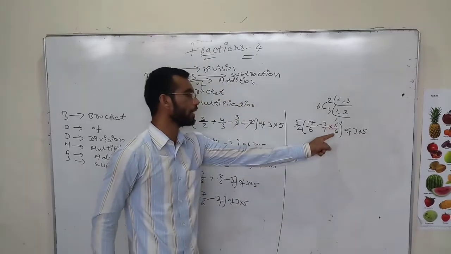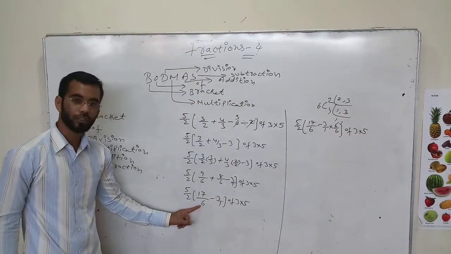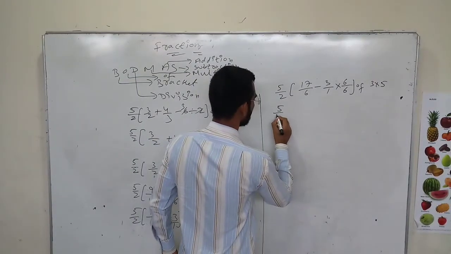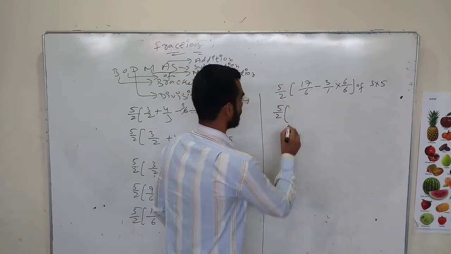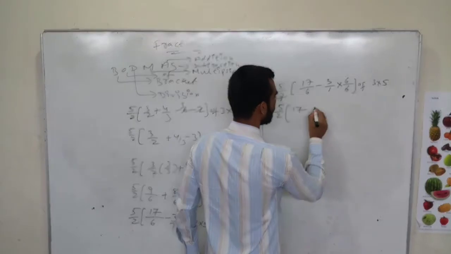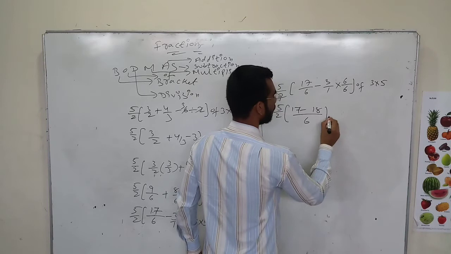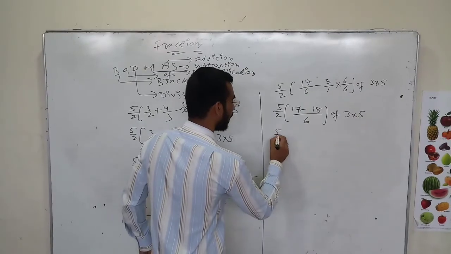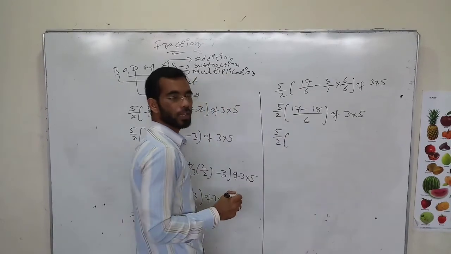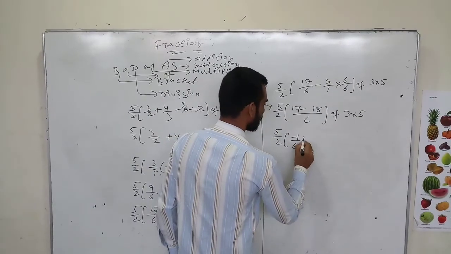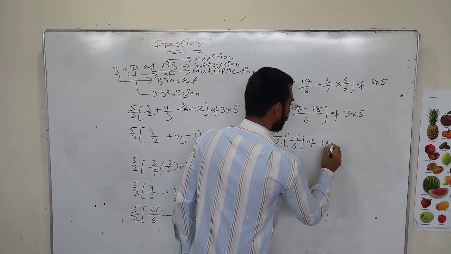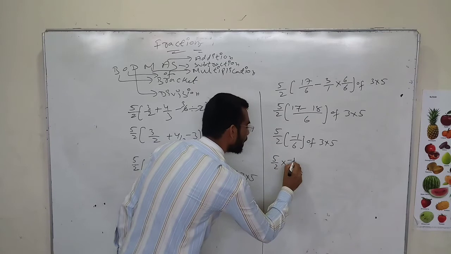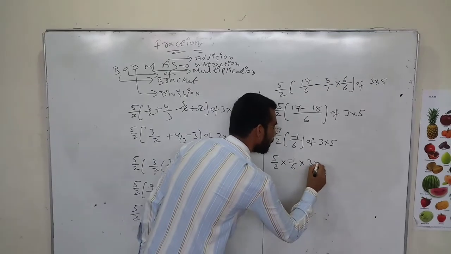Why should I multiply and divide with 6? Because the LCM is 6. Now 5 by 2 remains as it is. 17 minus 18 by 6 of 3 into 5. Now 17 minus 18 is minus 1 by 6 of 3 into 5. 5 by 2 into minus 1 by 6 into 3 by 5.